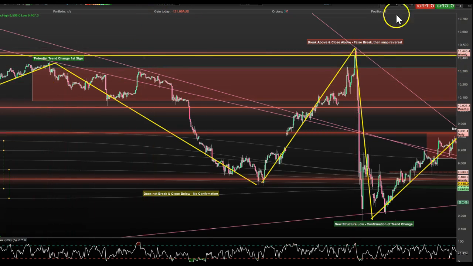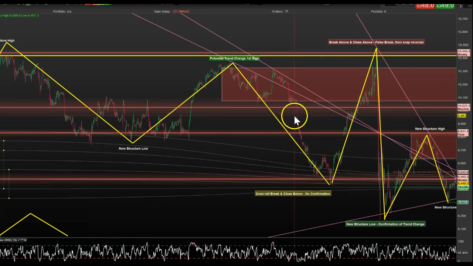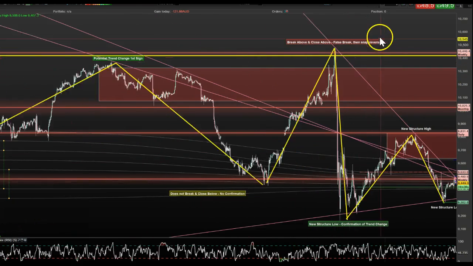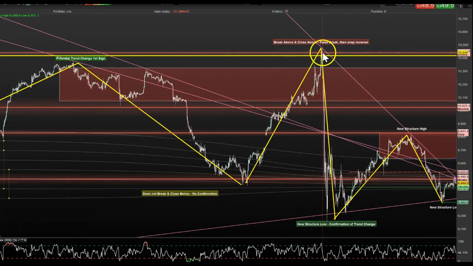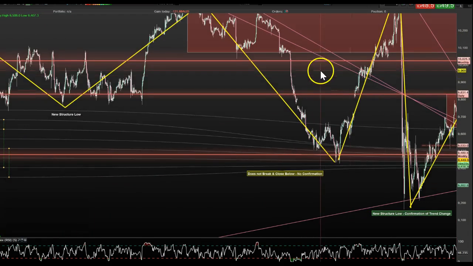I won't get into specifics, but the highest close on this particular move was about 10,354, give or take. When the market came back up to retest this level, it broke above it and closed above it. The close here was about 10,419, so about 100 points above that. Not much in terms of the DAX, but it's important to note.